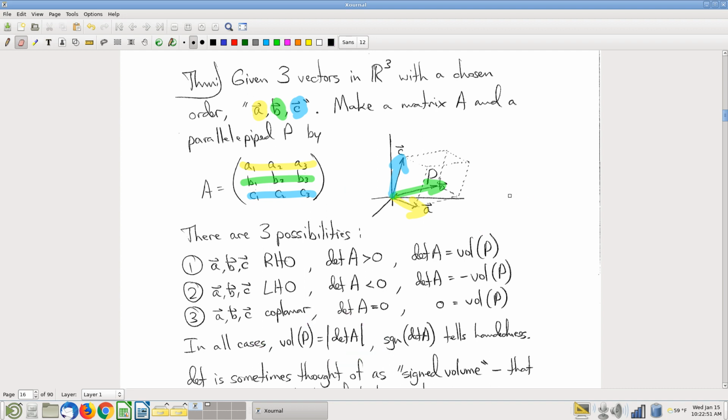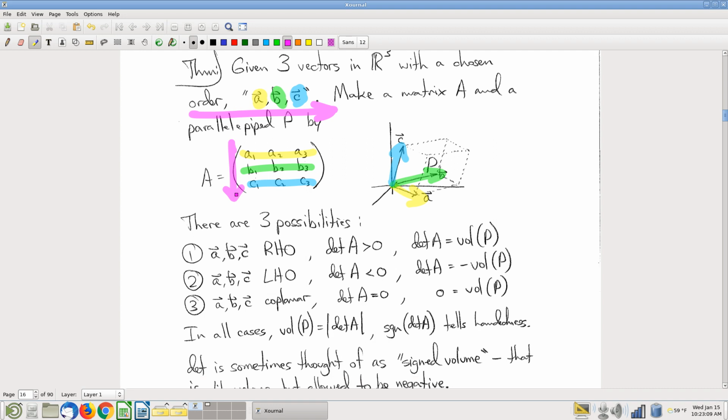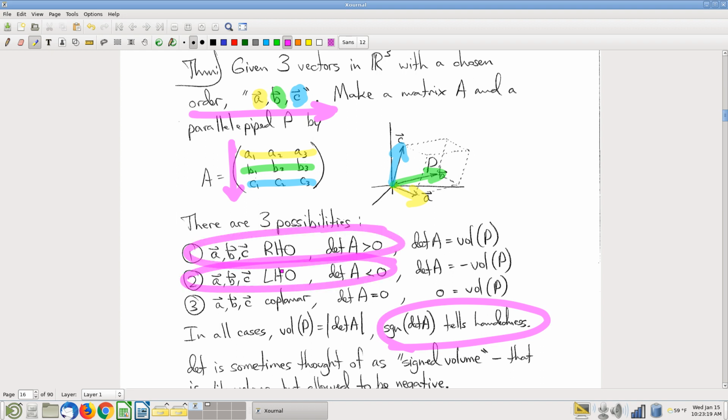And again, also mysteriously, the handedness of the order that you wrote these down, critically assuming that you make them the rows of the matrix in the same order, is entirely decided by the sign of the determinant. Really weird. So positive means right-hand order, negative means left-hand order. I think that's very mysterious.